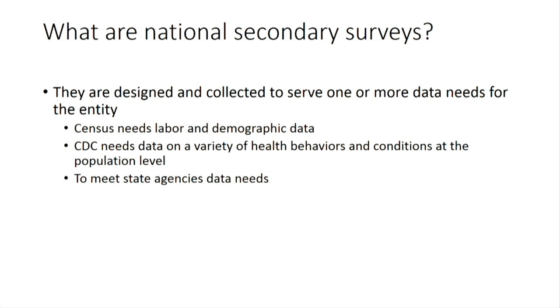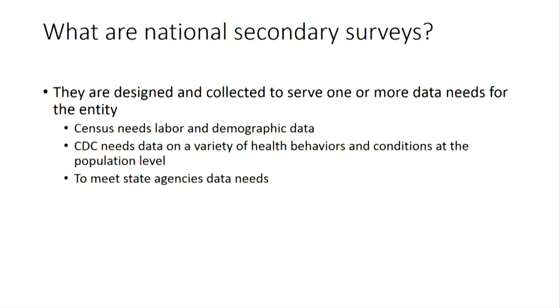And they're designed to collect data to serve one or more data needs for whoever the sponsoring agency is. So for example, the census needs to produce labor estimates for monitoring economic activity and economic indicators, and they also collect a lot of demographic data.